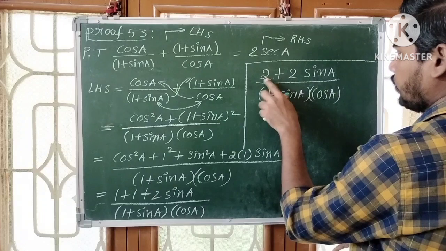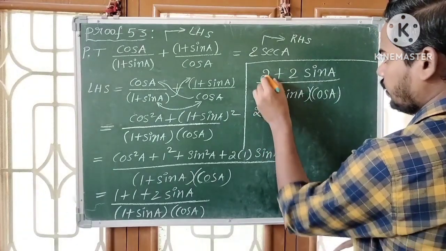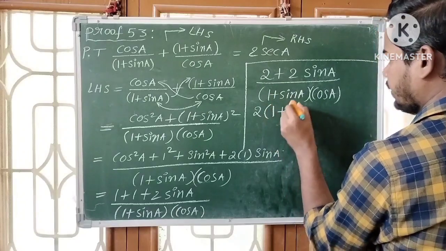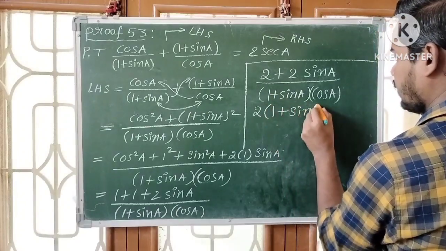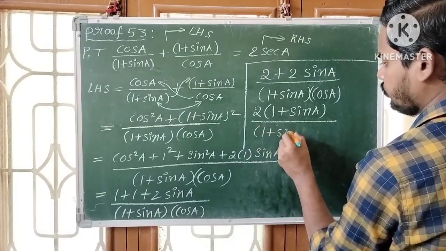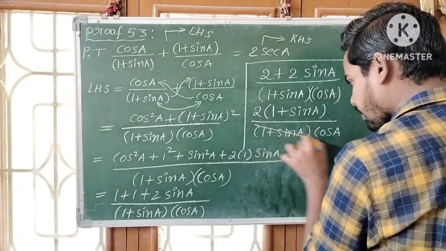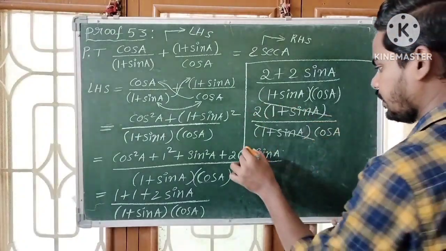Just observe these two terms. Here 2 is common, so take out 2 as a common factor, and we will have 1 plus sin A in the numerator, over 1 plus sin A into cos A. So 1 plus sin A and 1 plus sin A get cancelled.